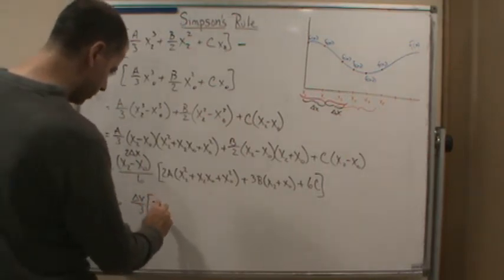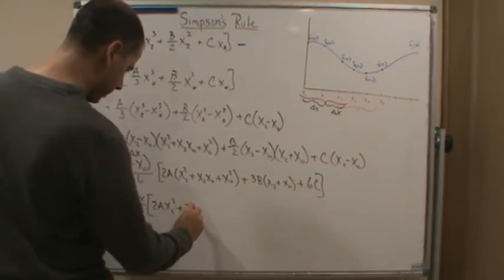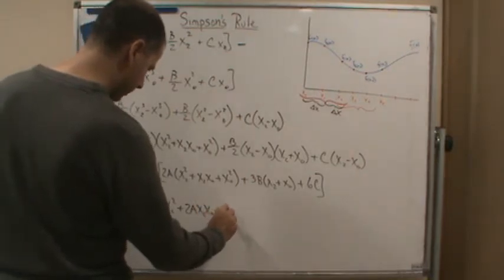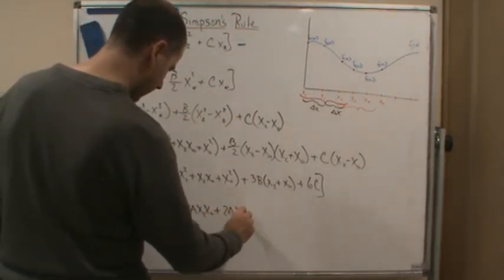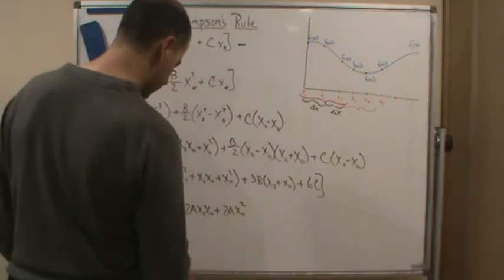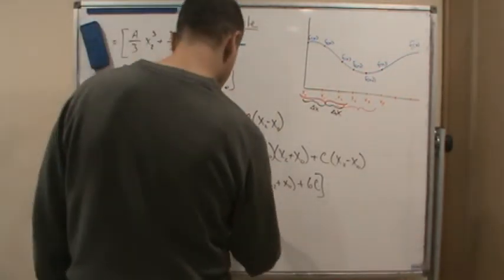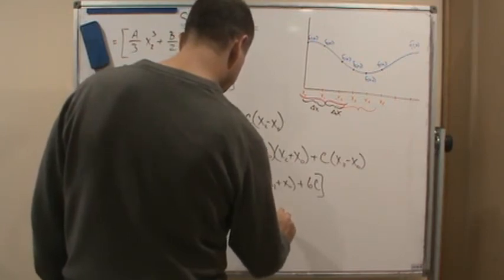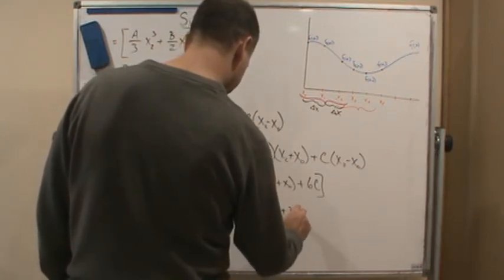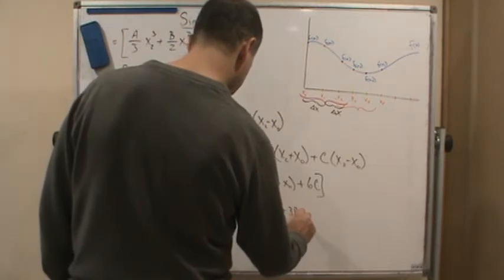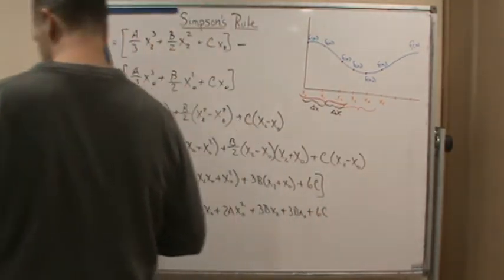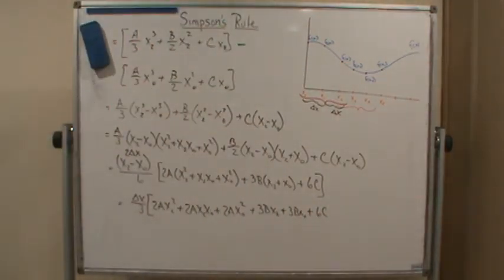So this will be 2a x2 squared plus 2a x2 x0 plus 2a x0 squared plus 3b x2 plus 3b x0 plus 6c.